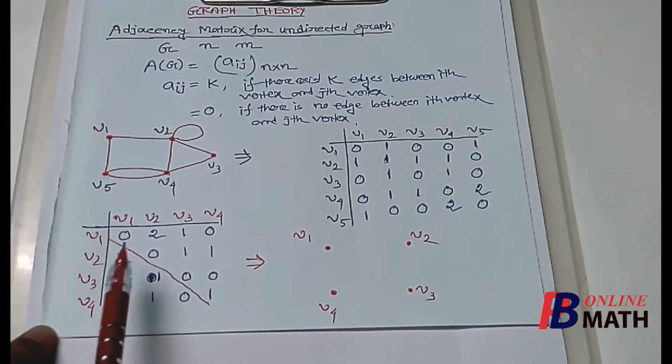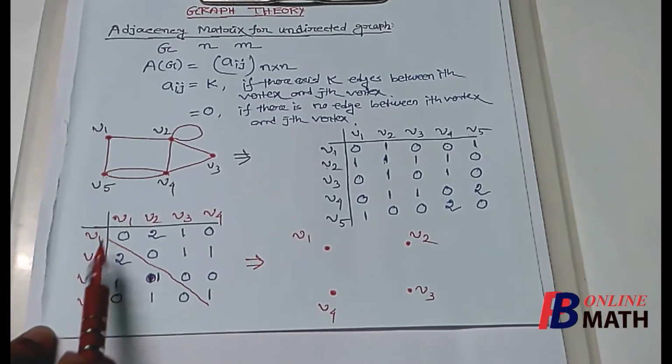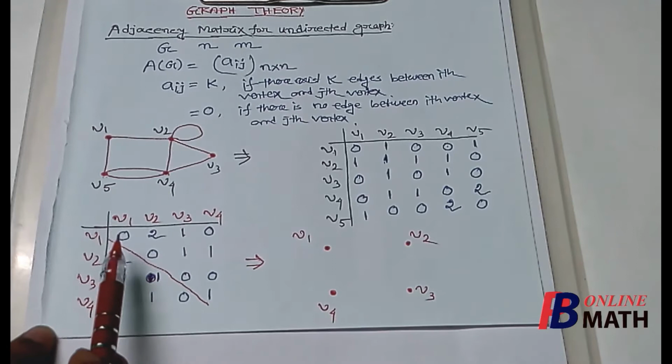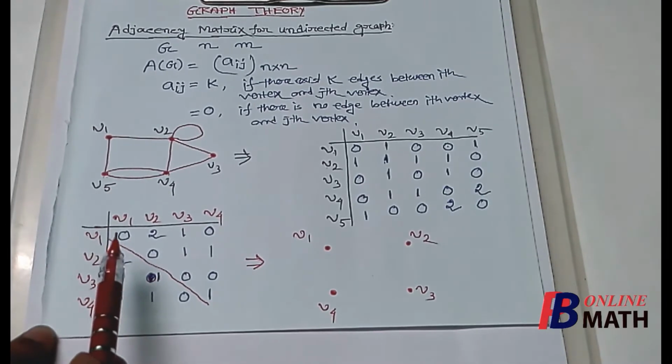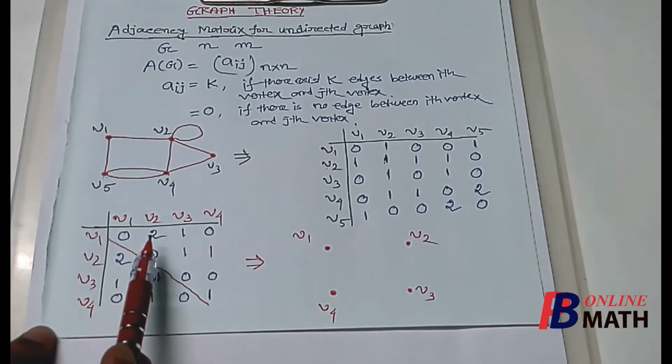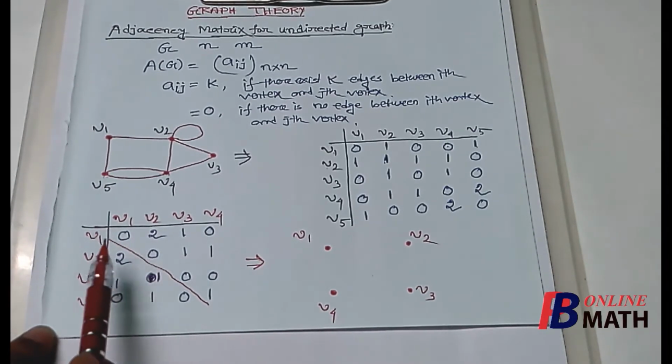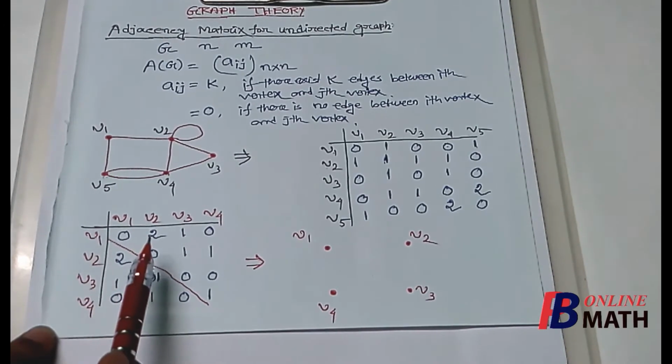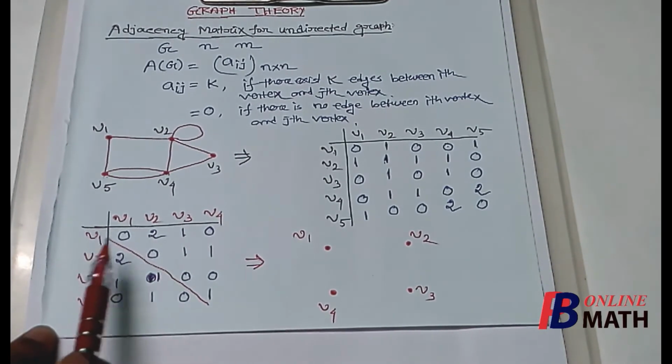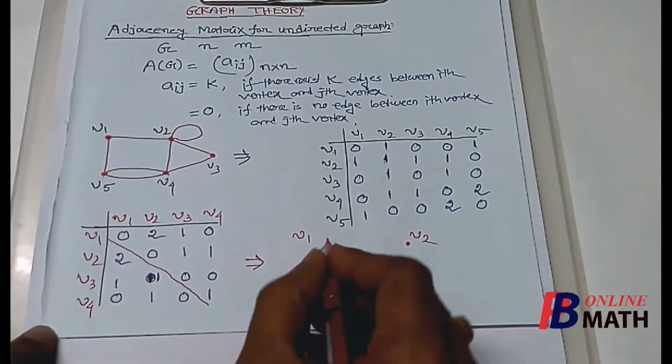Okay, consider the first element, it is 0 between V1 and V1. This element is 0, that means there is no self loop at V1. Next we consider this element 2. Here we find that the element is 2 between V1 and V2. So there are 2 edges between V1 and V2, parallel edges.